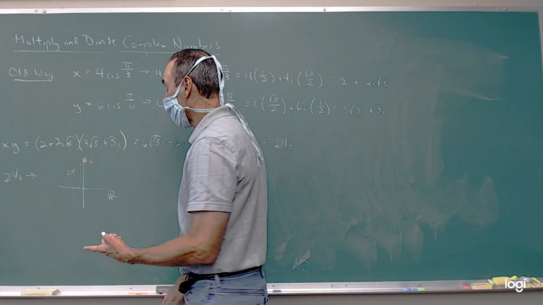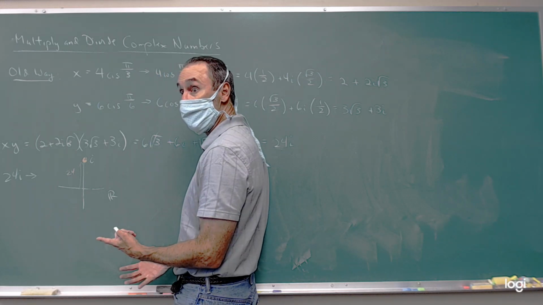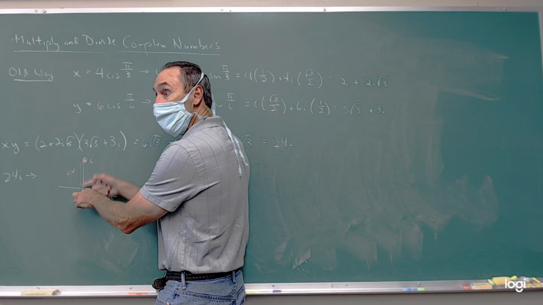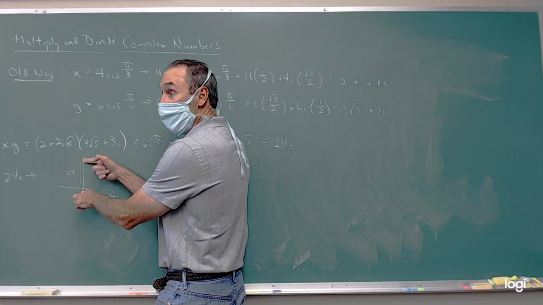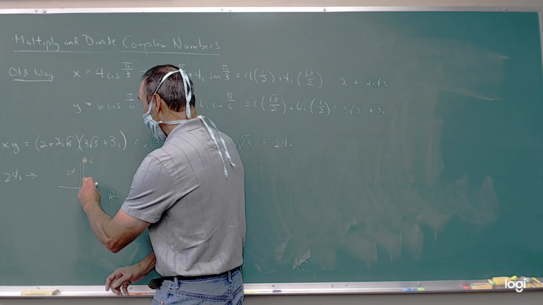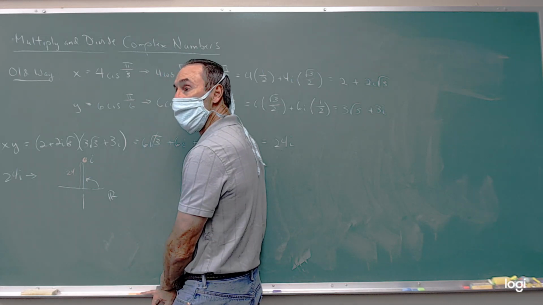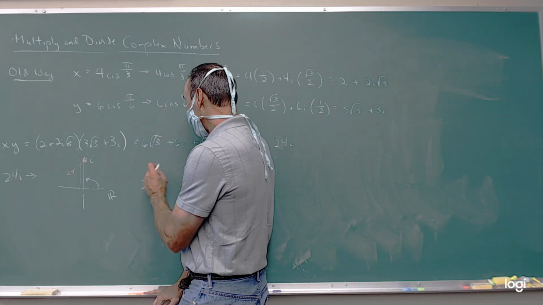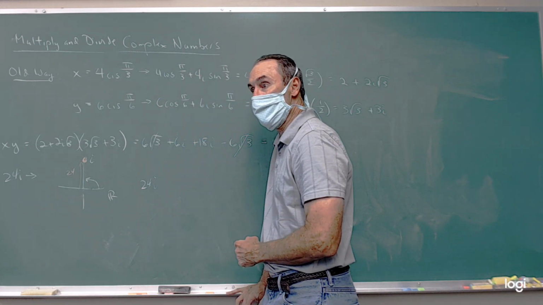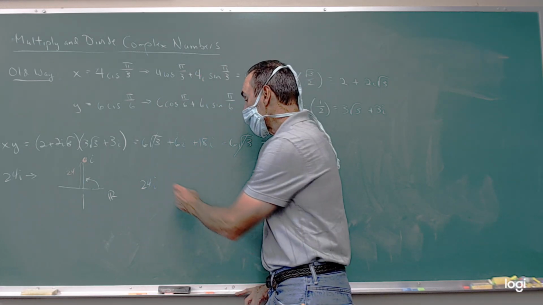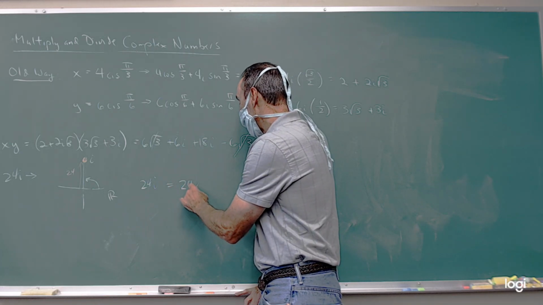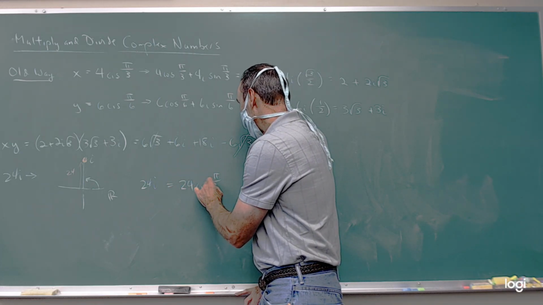Okay, so now we're going to convert this into cis form. So the r is going to be 24, the distance from the pole, and the theta is going to be pi over 2. So the 24i, which is the rectangular representation of that complex number, in polar form is going to be 24 cis pi over 2.